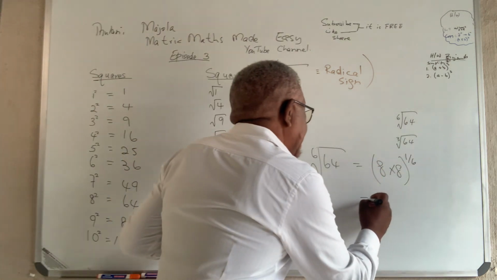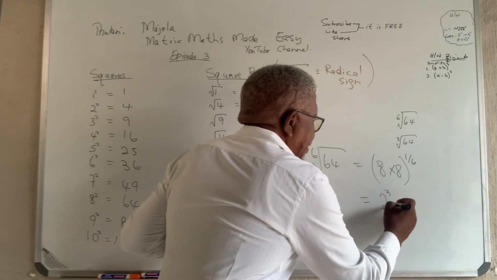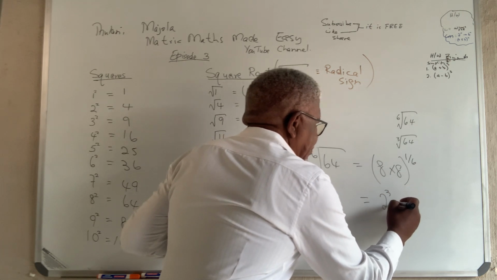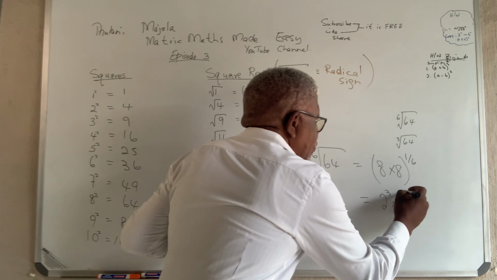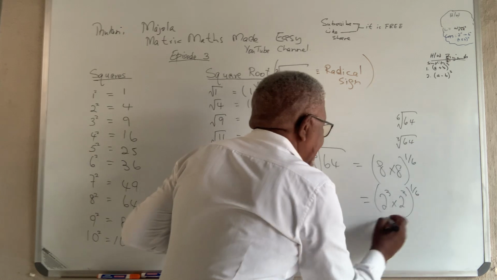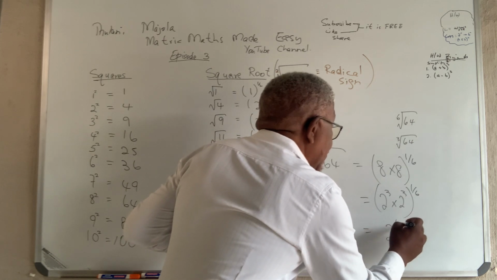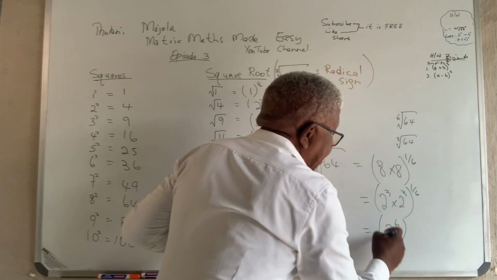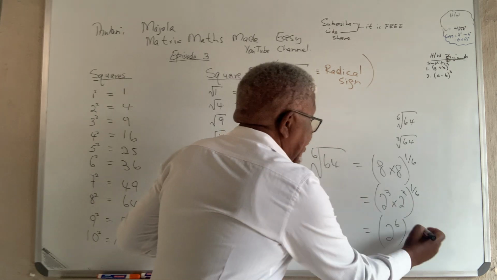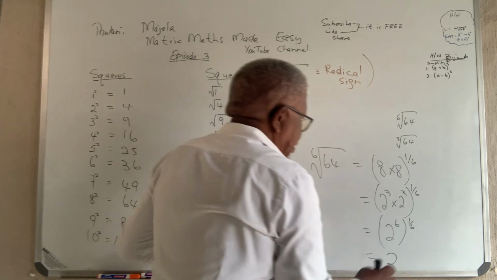So 8 times 8 is actually 2 cubed times 2 cubed, to the power of 1 over 6. And then we know this is 2 to the power of 6 anyway. 8 times 8 is 64, which is 2 to the power of 6, and then over 6. So this will be 2.